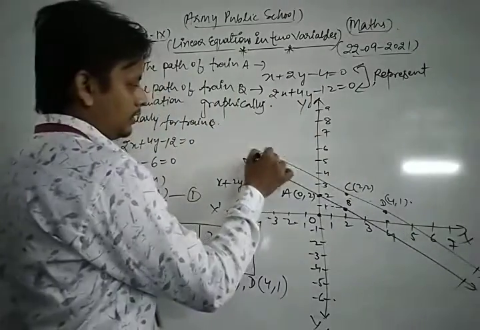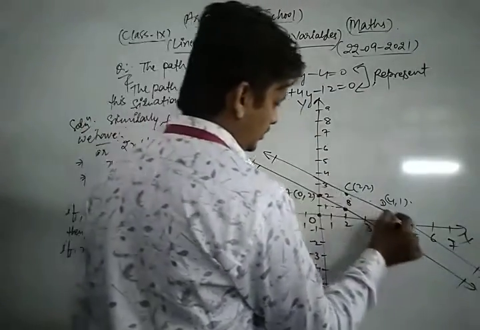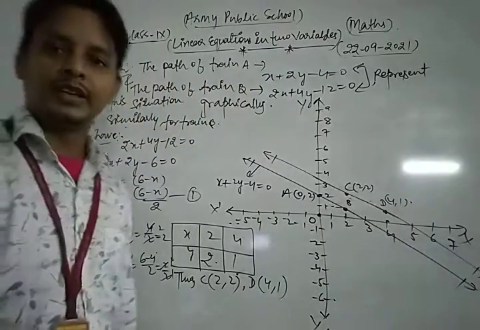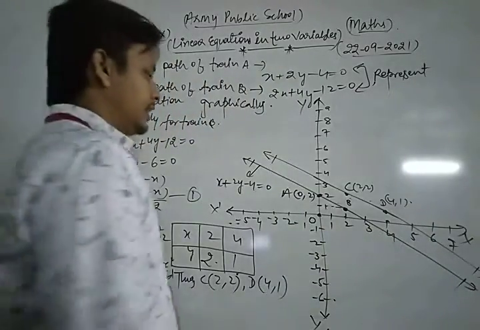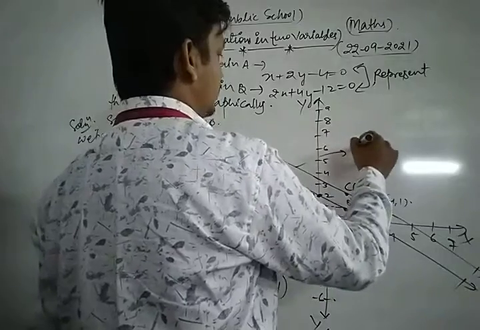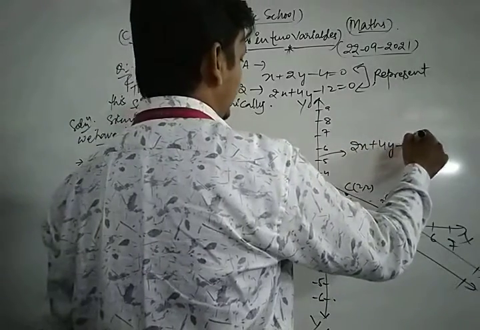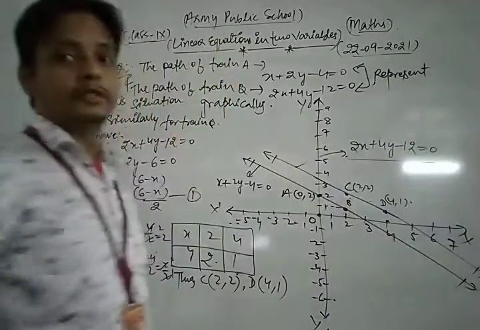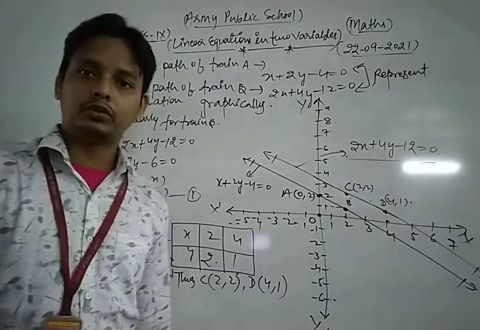In this way, this is the graph of the second equation, 2x plus 4y minus 12 is equal to 0, which represents the path of train B.